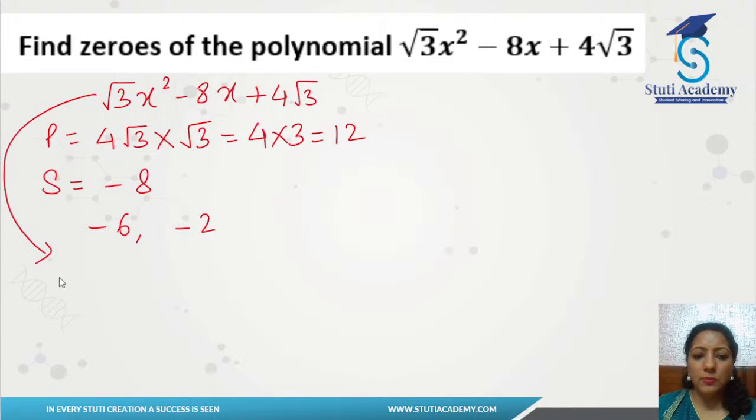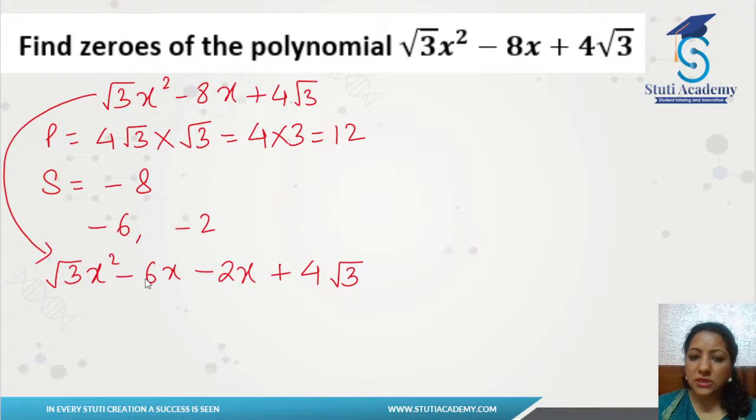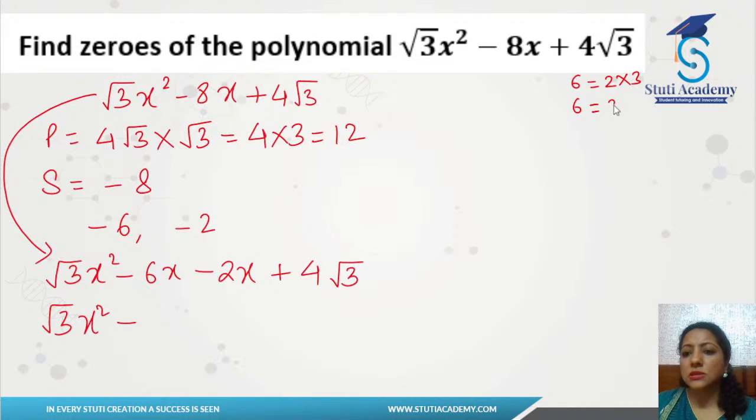So from here we will get root 3x square minus 6x minus 2x plus 4 root 3. Now we can take common, but then before we do that, I'm going to write this 6 as 2 into 3, and this 3 can be written as root 3 into root 3.